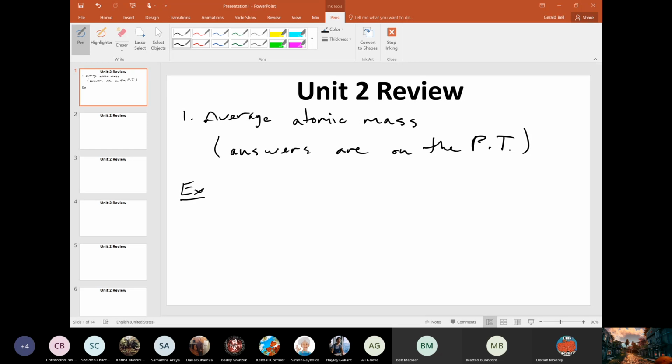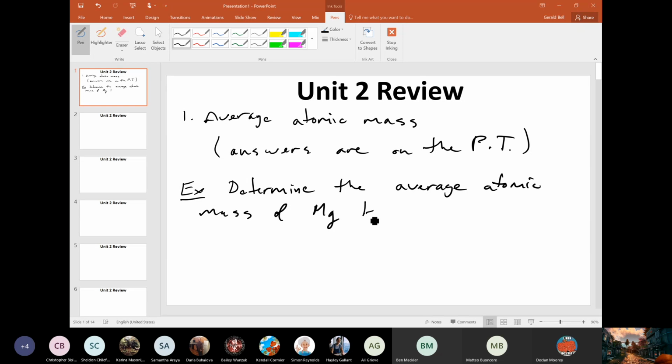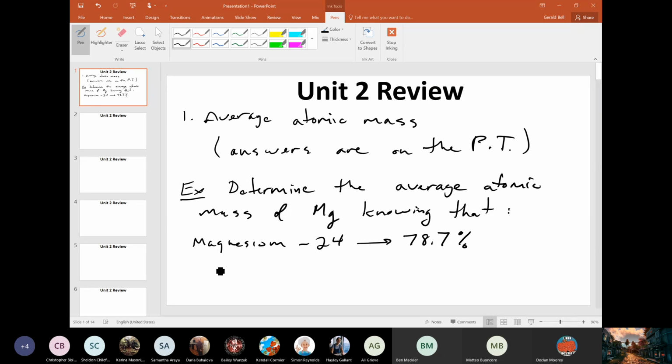So let's say this. Determine the average atomic mass of magnesium, Mg, knowing that, and I'm just going to give this info in a data table: magnesium 24 exists 78.7% of the time, magnesium 25 exists 10.13% of the time, and magnesium 26 exists 11.17% of the time.